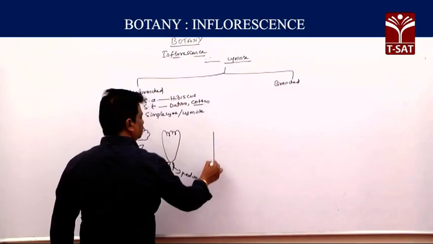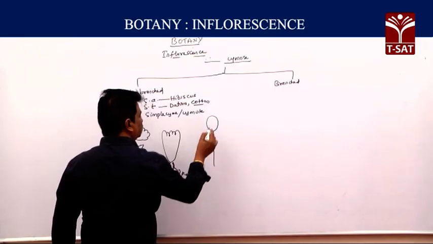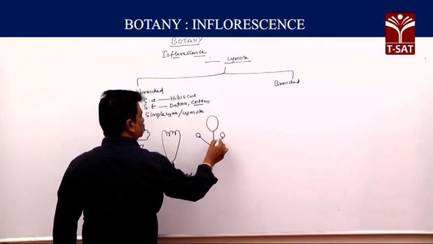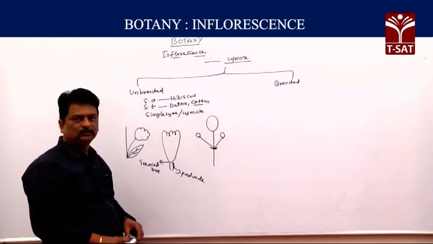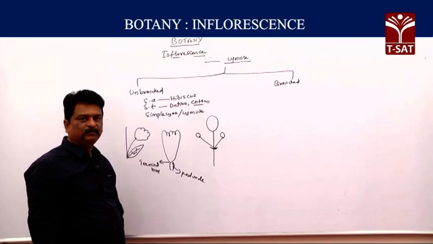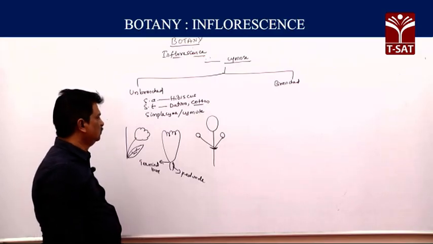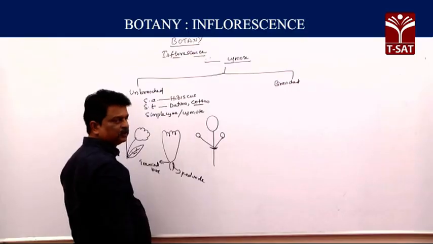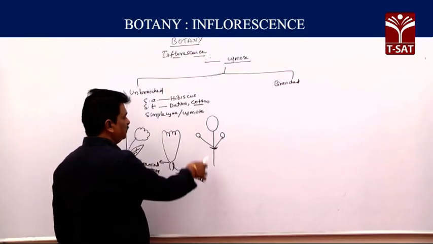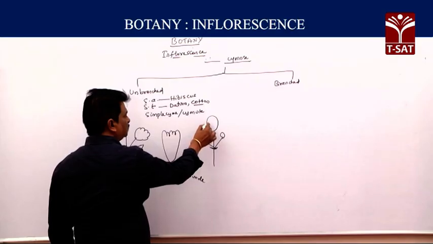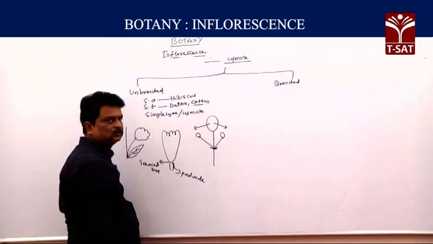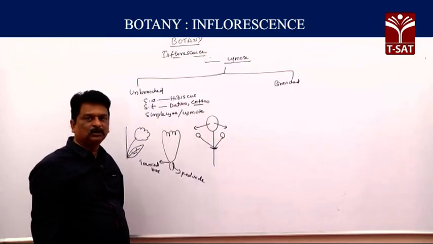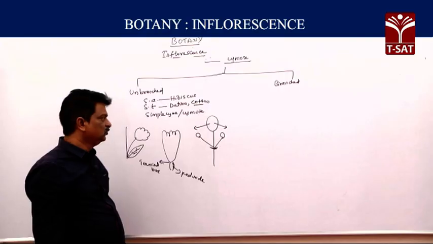And the third type is simple cyme, or it is called cymule. Simple cyme or cymule is a three-flowered inflorescence, in which the older flower is present at apex, younger flowers present at base, so it is basipetal, and opening of flowers takes place from center to corner, called centrifugal.